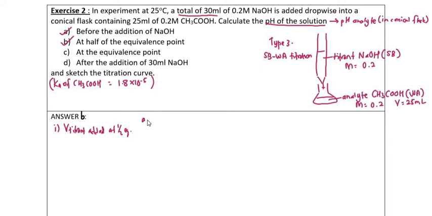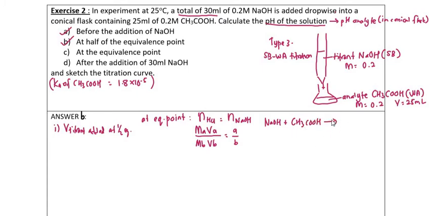We know at the equivalent point, mole of acid will be equal to mole of base. So to get the mole, we need to use the formula MA VA over MB VB, A over B. To get the stoichiometry, you have to write the equation first. Equation between what? Strong base and weak acid. What is the product formed? As usual, cross the charges, and you will get sodium ethanoate and H2O.